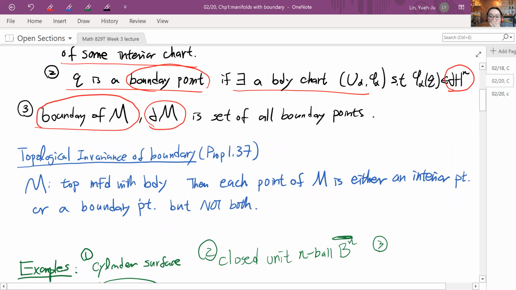So if you have this function G, this is continuous on the same open set that I mentioned, right? It's even smooth in the interior of the upper half space. So everything is fine in the interior.